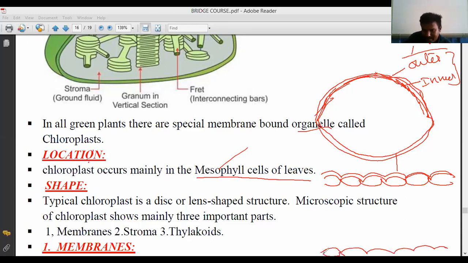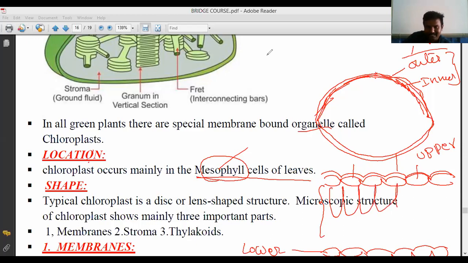This is the upper epidermis and this is the lower epidermis. In between these two there is a space, called mesophyll tissue. Here is the palisade parenchyma.